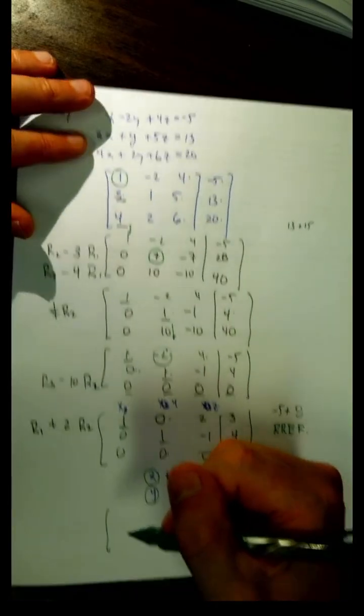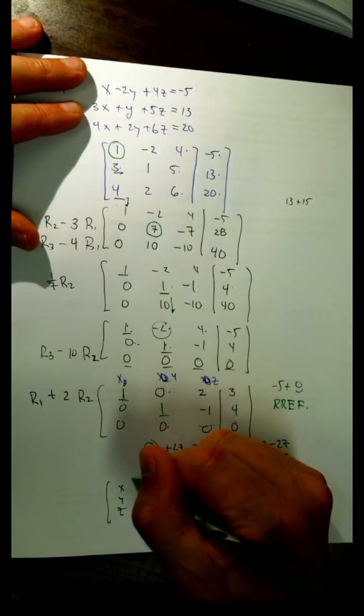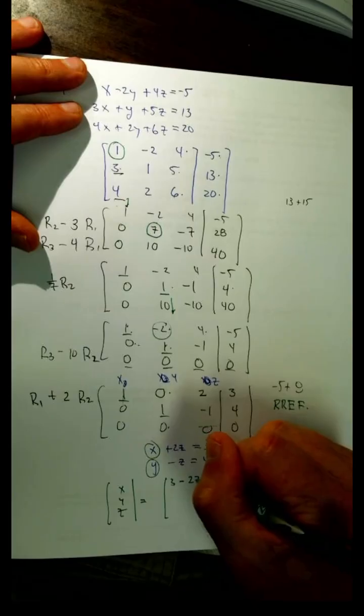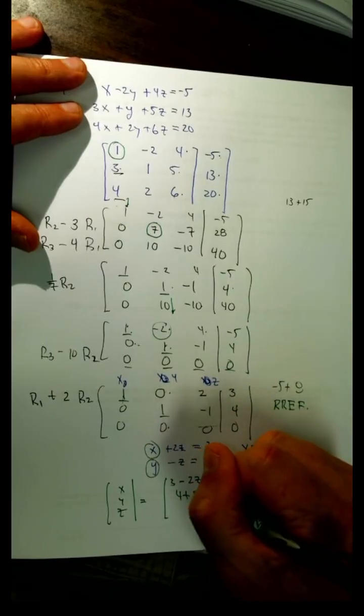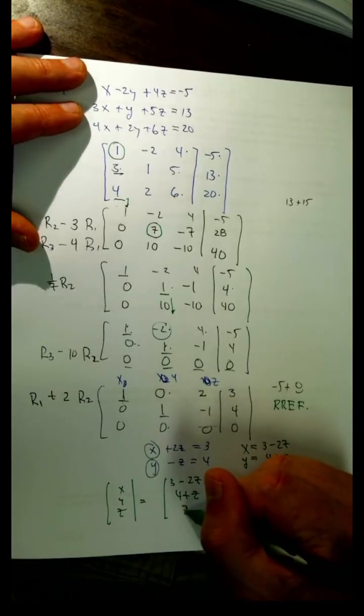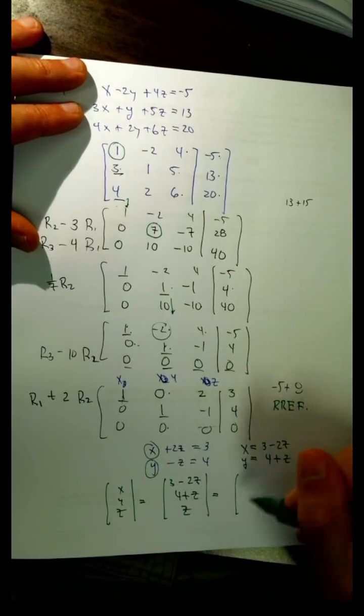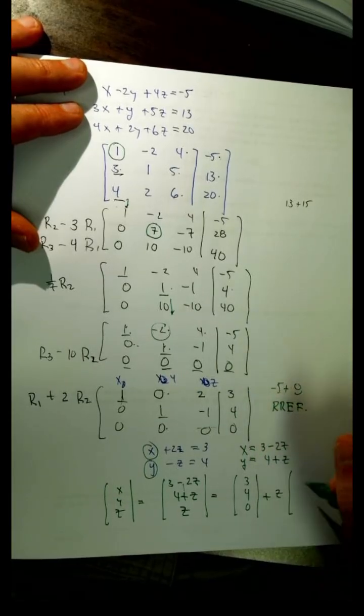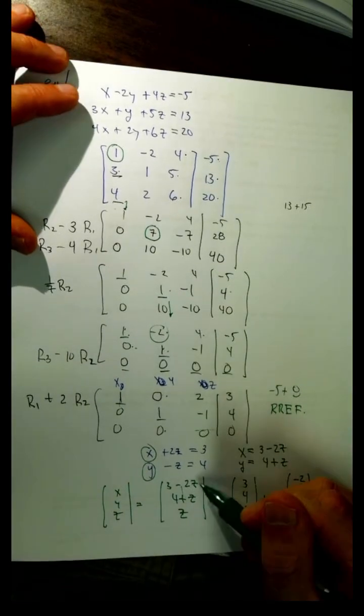So my solution looks like x, y, z. X is 3 minus 2z, y is 4 plus z. Z is not a pivot, so I can't do anything with that. So if I break this out into the constant terms, and then the z's, I'm going to have a minus 2, 1, and 1 for the coefficients.